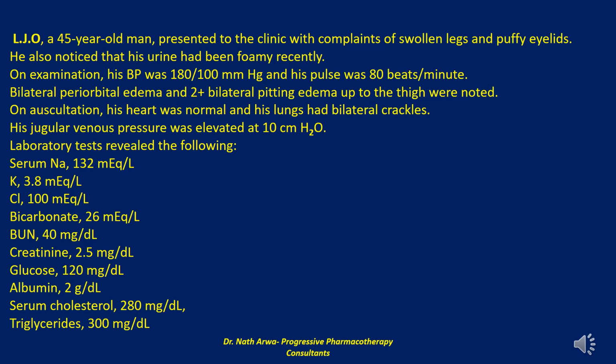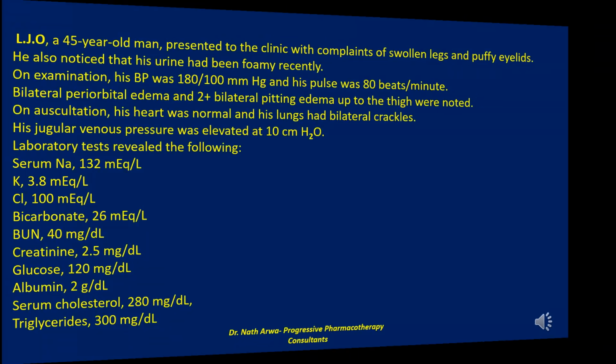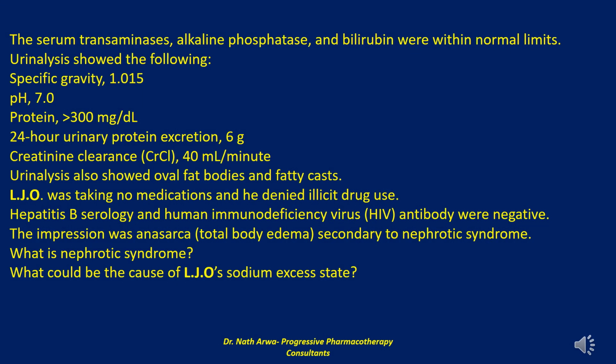Glucose levels of 120 mg per deciliter. Albumin of 2 grams per deciliter. Serum cholesterol of 280 mg per deciliter. Triglycerides of 300 mg per deciliter. The serum transaminases, alkaline phosphatase, and bilirubin were within normal limits.